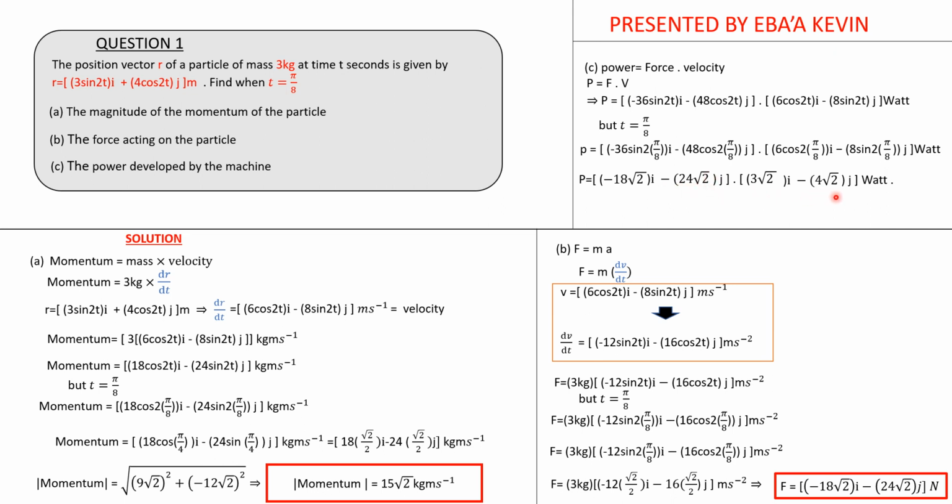Doing that, we are going to obtain the value of P to be negative 108 plus 192, which implies that the value of the power, which is P in this case, will be equal to 84 watts.